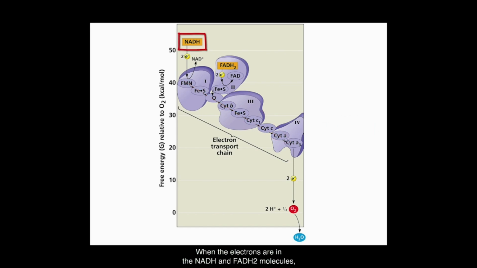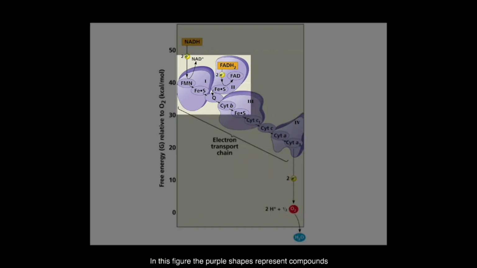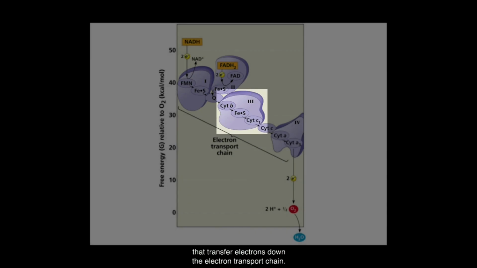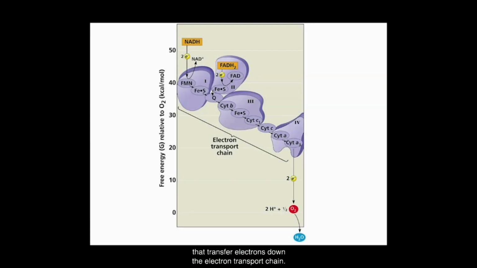When the electrons are in the NADH and FADH2 molecules, they have a relatively high energy level, and they lose a little free energy with each redox exchange. In this figure, purple shapes represent compounds that transfer electrons down the electron transport chain.